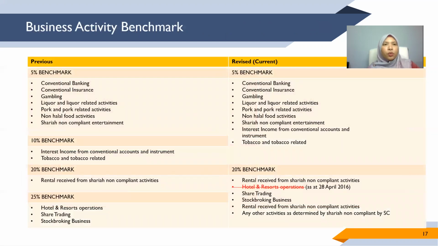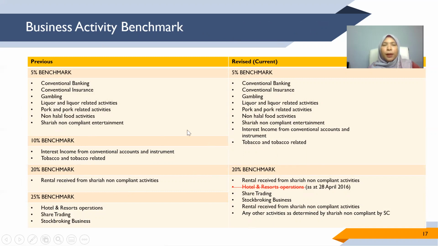So this is the business activity benchmark that differs between the previous and the current. The previous 10% will be moved to 5%, and 25% will be moved to 20%.